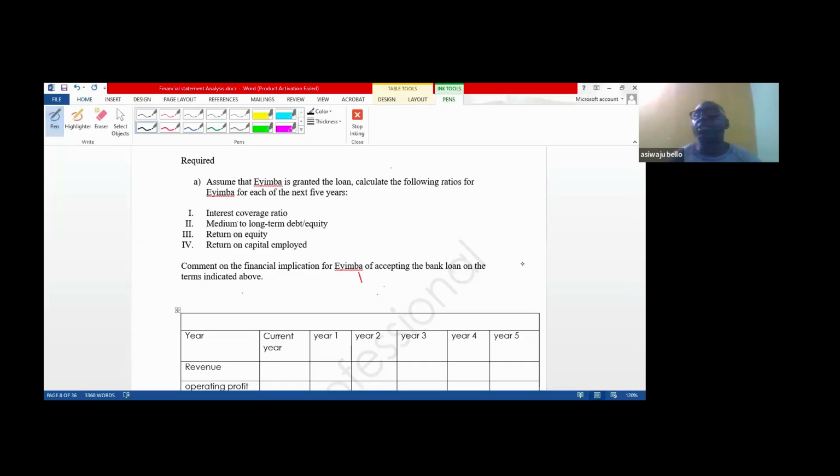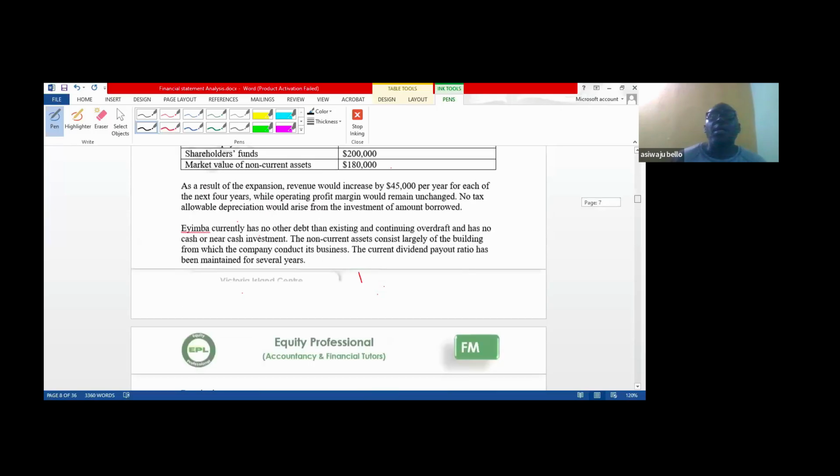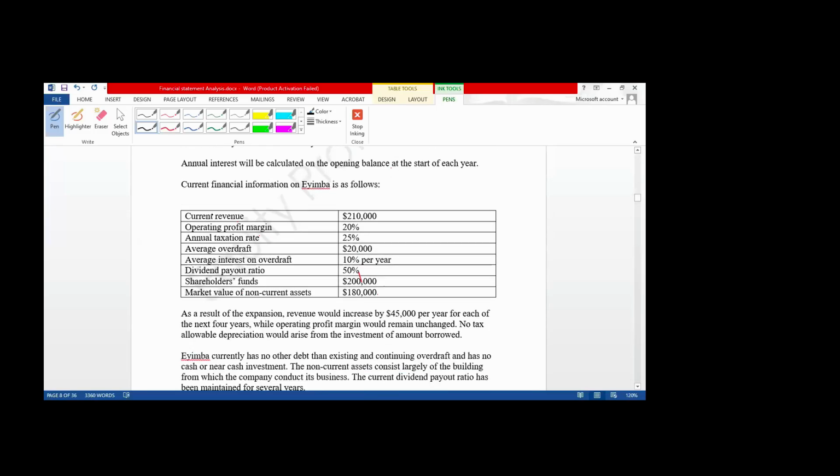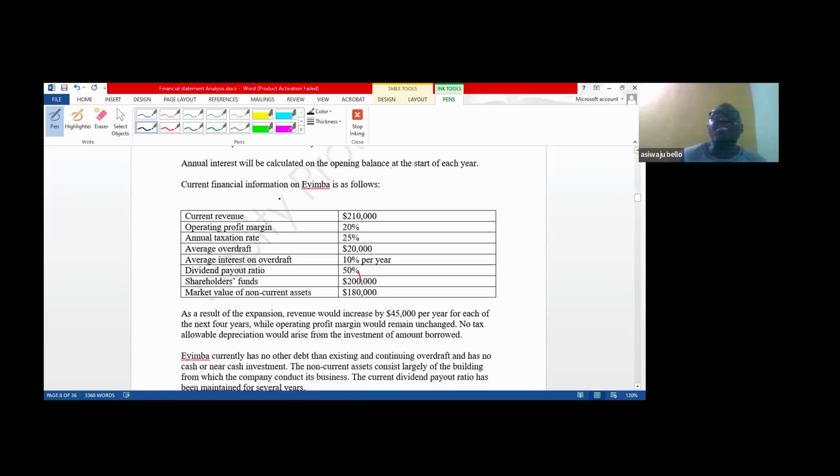Current financial information. Current revenue: $210,000.